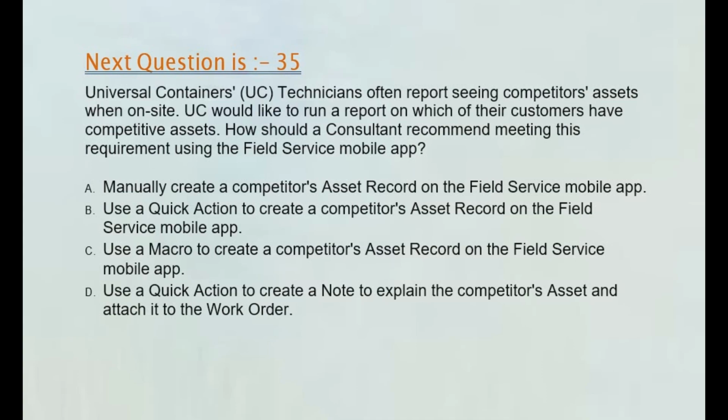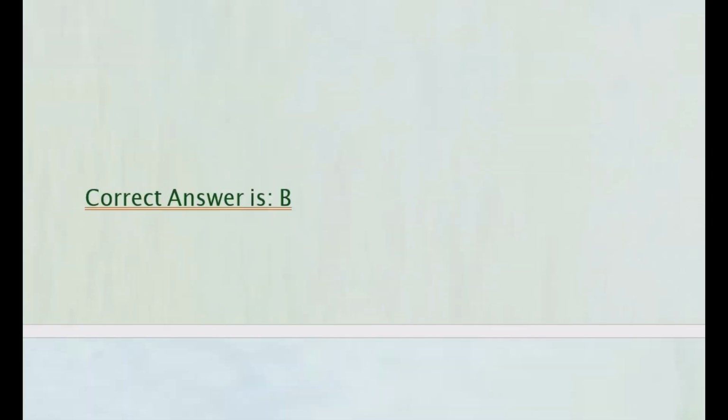Option B. Use a quick action to create a competitor's asset record on the field service mobile app. Option C. Use a macro to create a competitor's asset record on the field service mobile app. Option D. Use a quick action to create a note to explain the competitor's asset and attach it to the work order. Correct answer is option B.